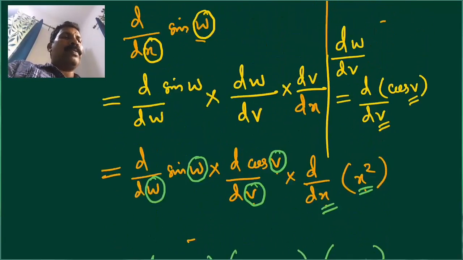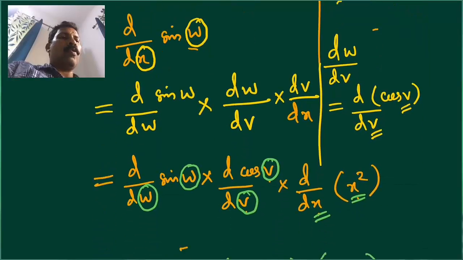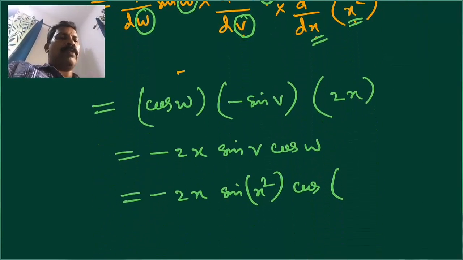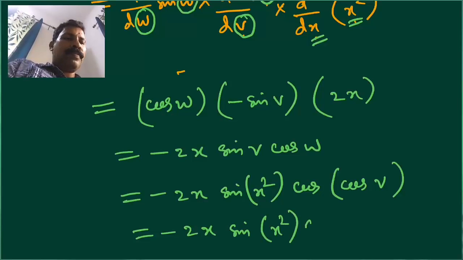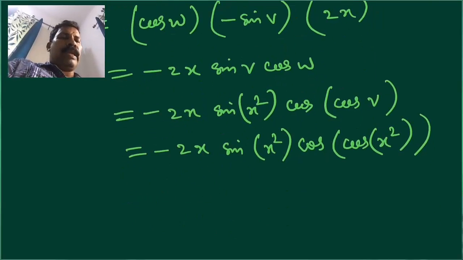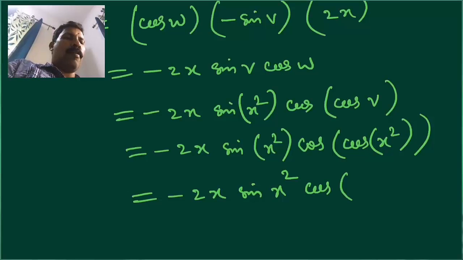What is w? w is cos v. Therefore cos of cos v. And again that is minus 2x sin x squared, then cos, then v means x squared. So we have the final answer: minus 2x sin x squared cos of cos x squared.